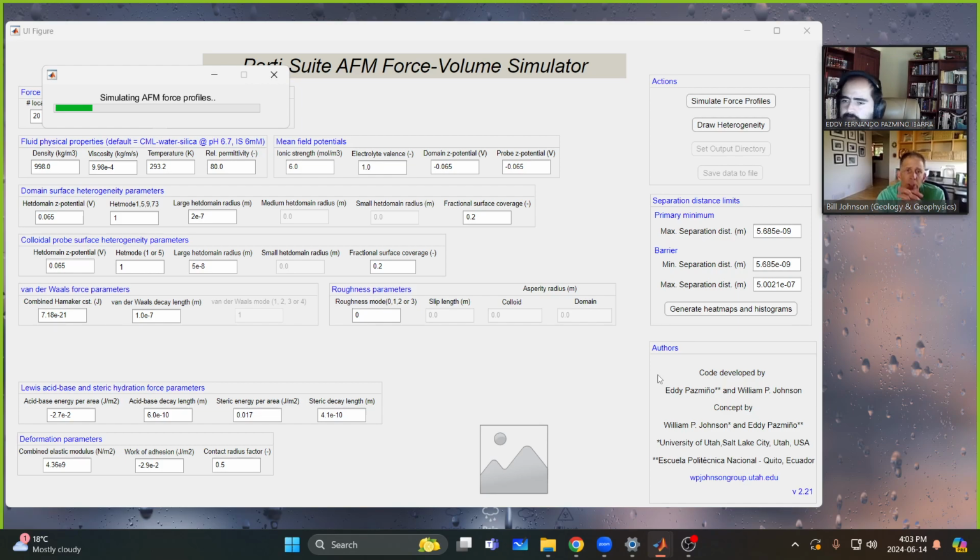Okay. So one thing we should say while it's running is that the heterodomain on the colloid may overlap, sit over a heterodomain on the domain. And if they are sitting overlapping one another, they will repel one another because even though they're both, let's say, positively charged, that positively charged interaction is repulsive across that area of overlap.